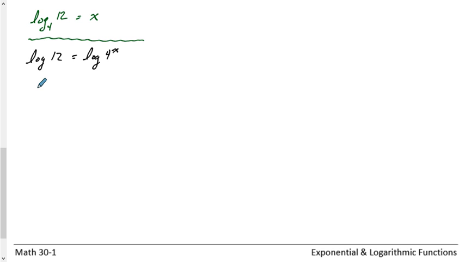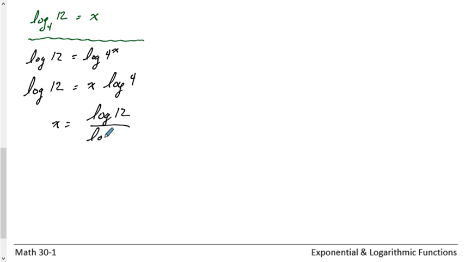So we could do this, then we want to solve for x. And what a logarithm does is it lets us take this x in the exponent and multiply it in front. Remember that third law of logarithms, where this could be written as x times the log of 4. And then we would divide that log of 4 on both sides to give us x equals the log of 12 divided by the log of 4.